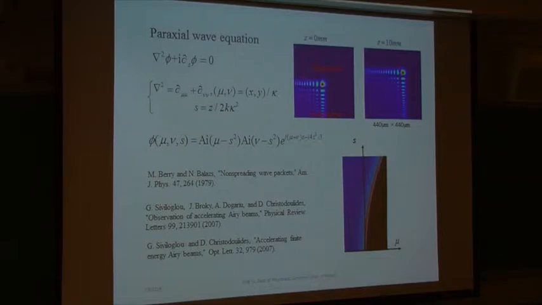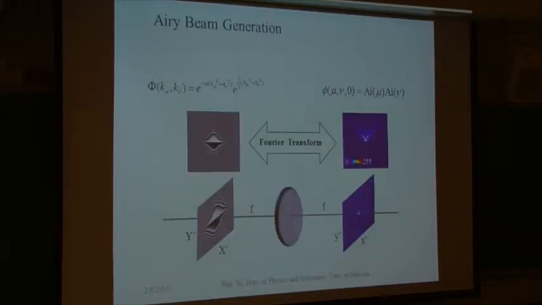So you can see x and y are converted into this mu and nu, and z is converted to this s. So if you have this two-dimensional Airy function and you perform a Fourier transform, you'll be able to get a function like this.